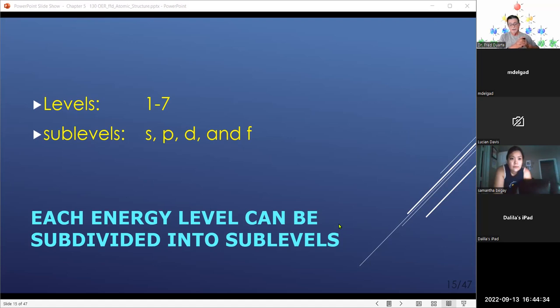And what quantum mechanics tells us is that within the energy levels, there are sub-levels that we're also going to call orbits or orbitals. Okay, there are 4 of them, designated by the lowercase letters s orbital, p orbital, d orbital, and f orbital.